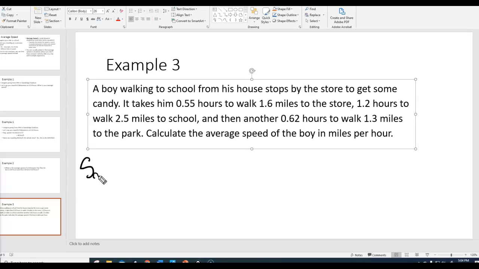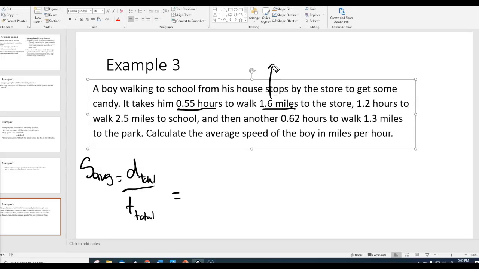Okay, so I'm going to use my average speed equation. That's d total divided by t total. For d total, I'm going to add up the distances. Now I have three distances. As I'm reading through, I'm looking for units to tell me what the different things are. Hours is time.